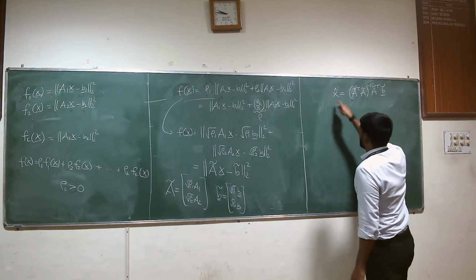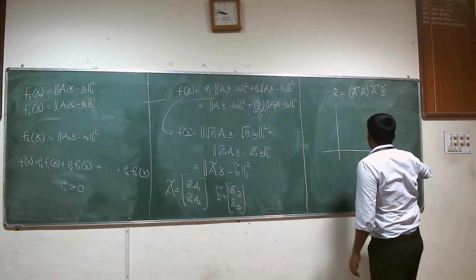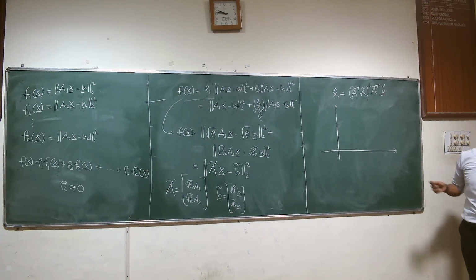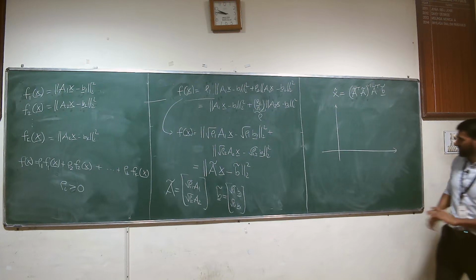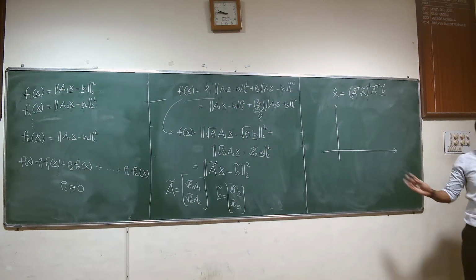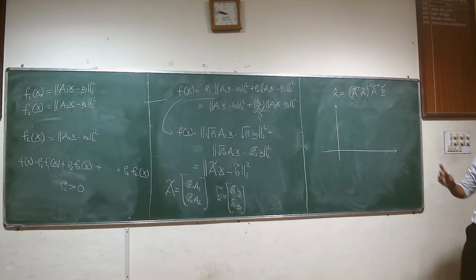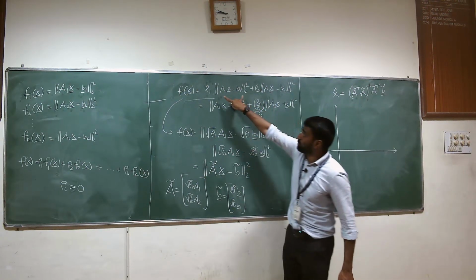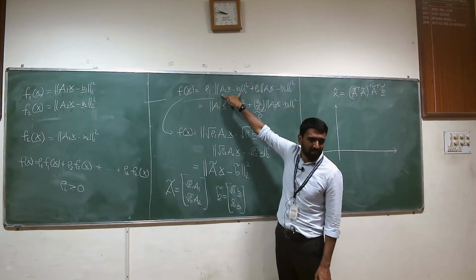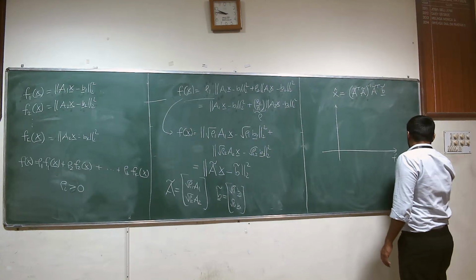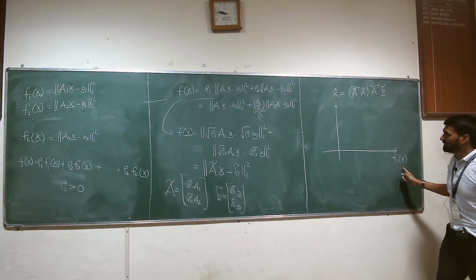So let's say we're talking about this problem. I don't know what value of rho to choose. So what I do is I run this optimization problem for different values of rho and find my x cap. And for each of those x cap, I find the error that I make in my f1 of x and f2 of x. I plot f1 of x here and I plot f2 of x.